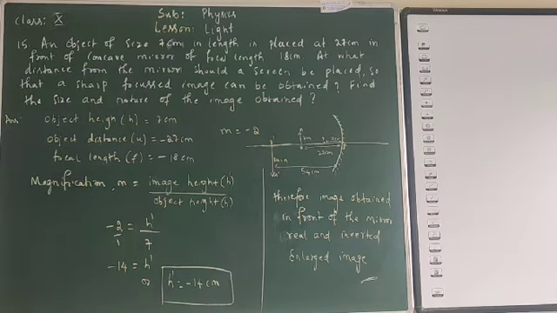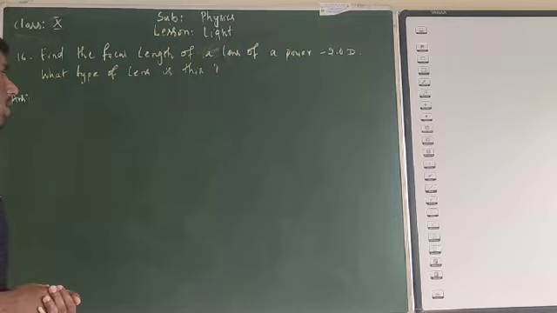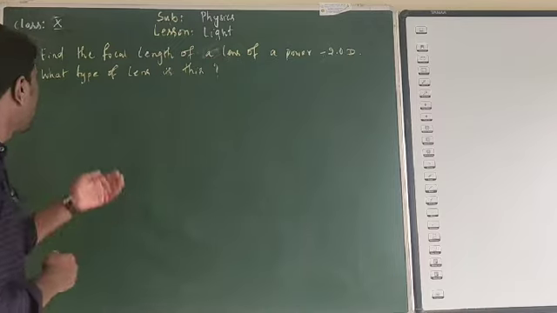So we'll go for the next question, the 16th question. It is very easy. The question is: find the focal length of a lens of power minus 2.0 dioptre. What type of lens is this? You should find out the focal length.